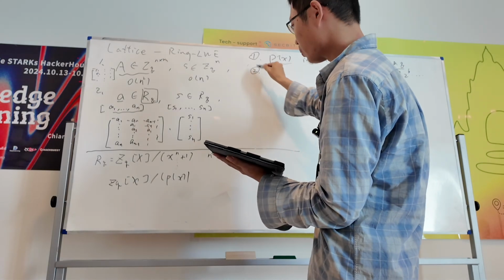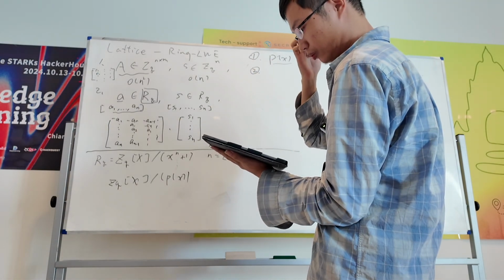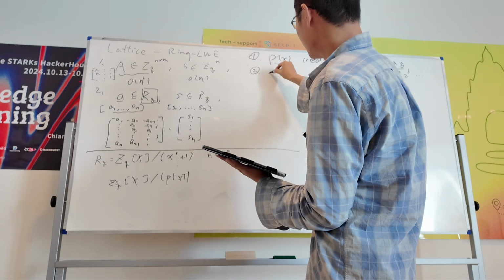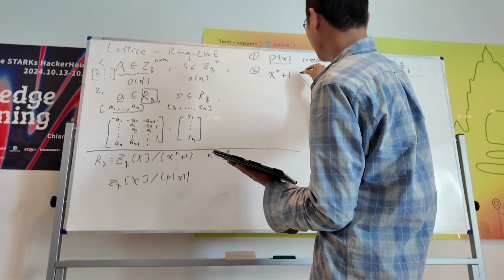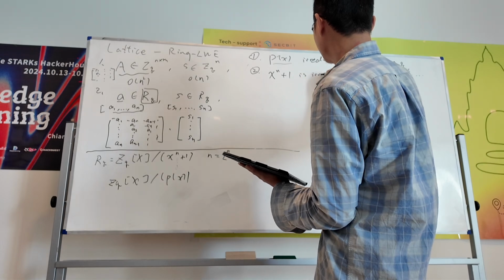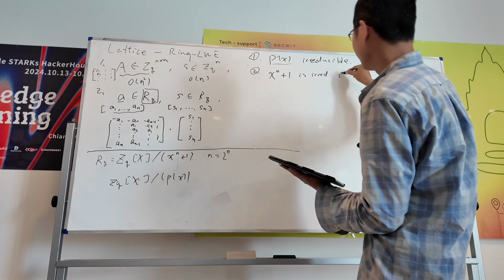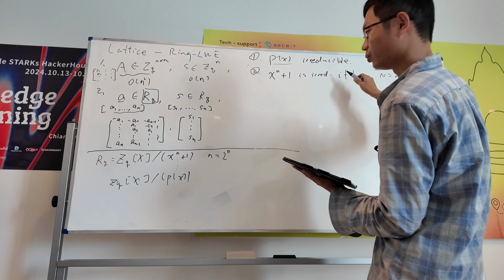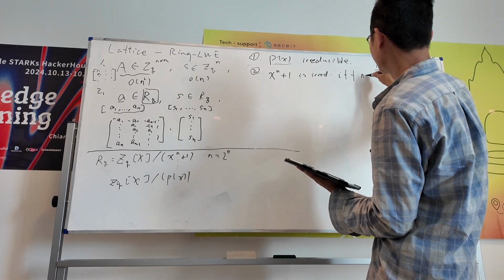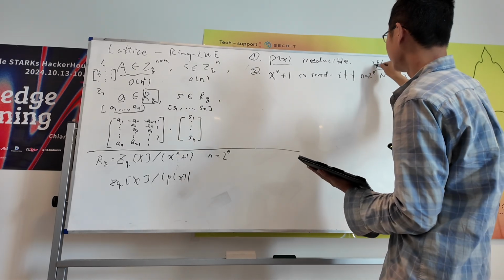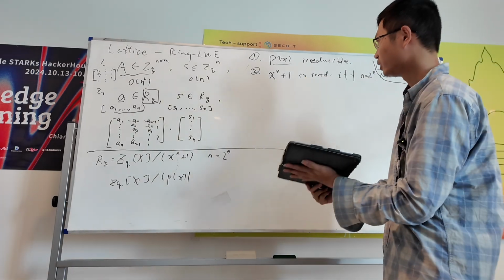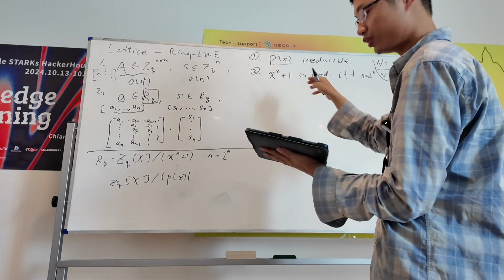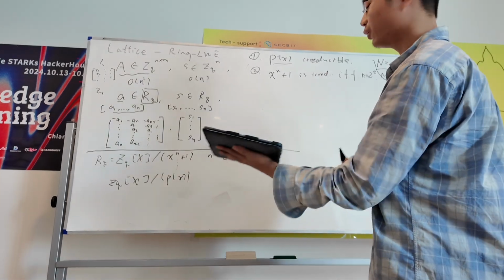And secondly, I want to say that x^n plus 1 is irreducible if and only if n is a power of 2. There is no other way to choose n to make it irreducible.